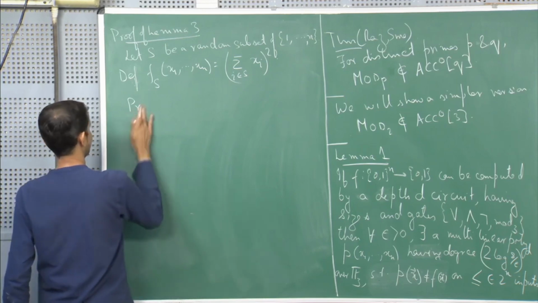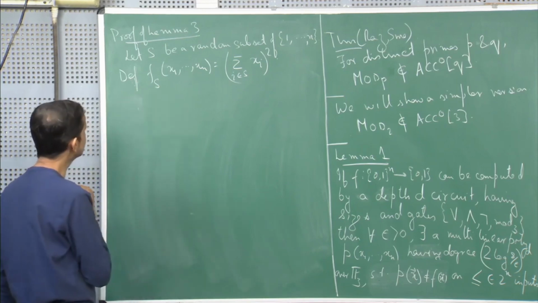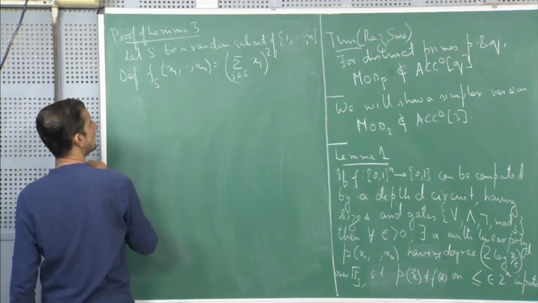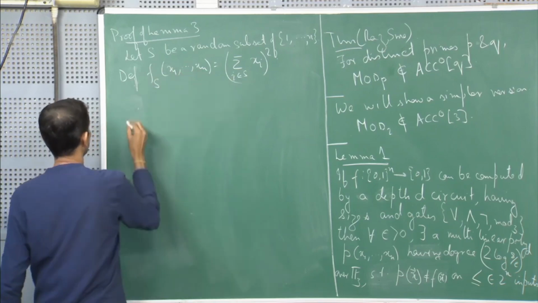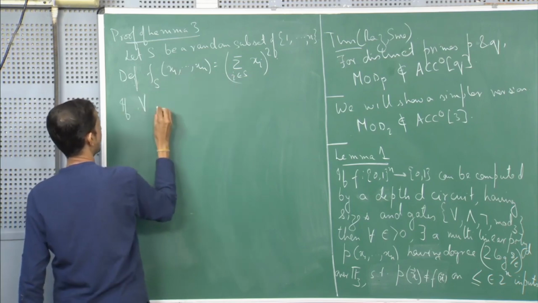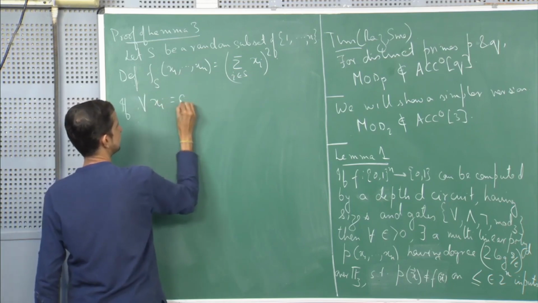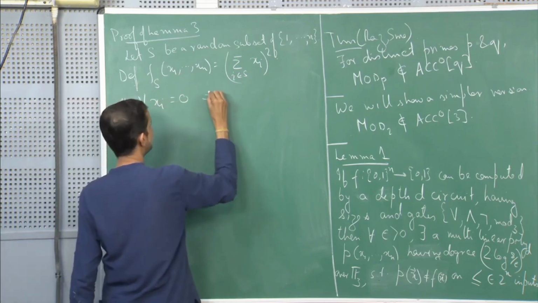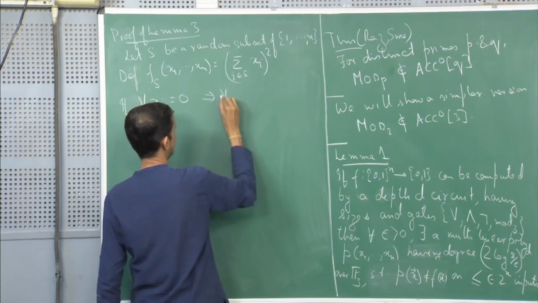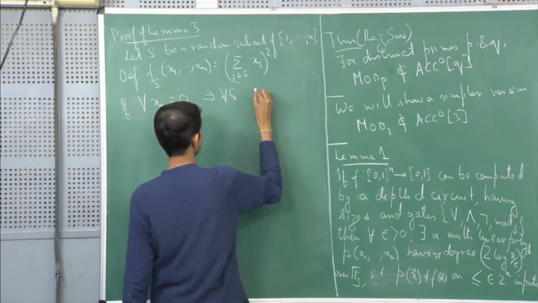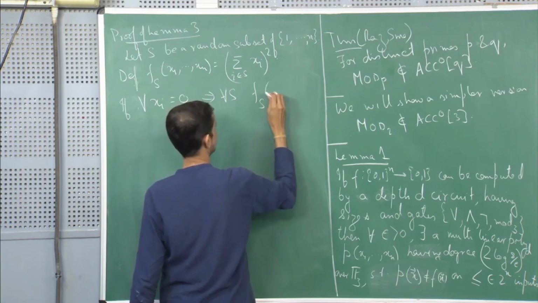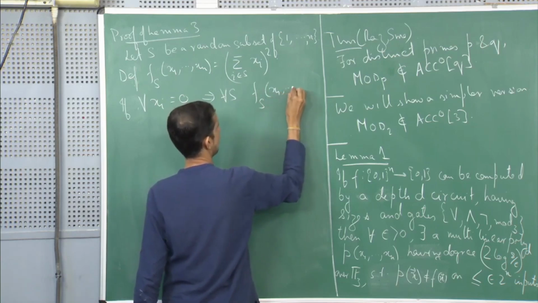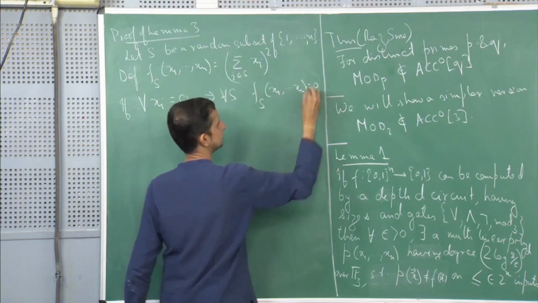Okay. So, before showing this, let us just look at this function. What does this function mean? Suppose I have the OR. If OR of my x_i is equal to 0, then it immediately implies that for all S, no matter what S you choose, f of S of x1 to xn is equal to 0.